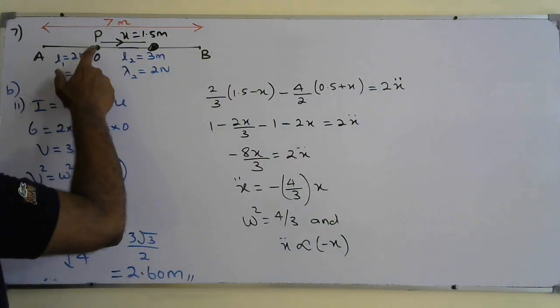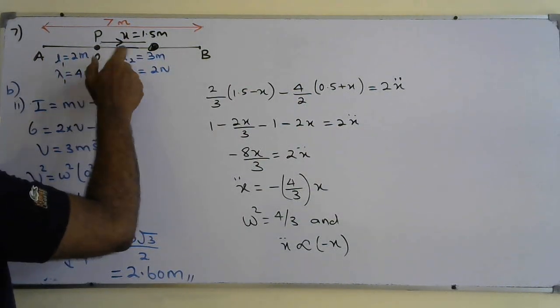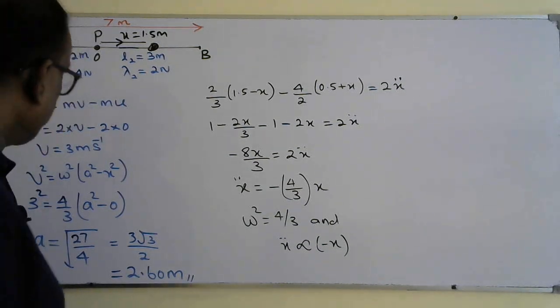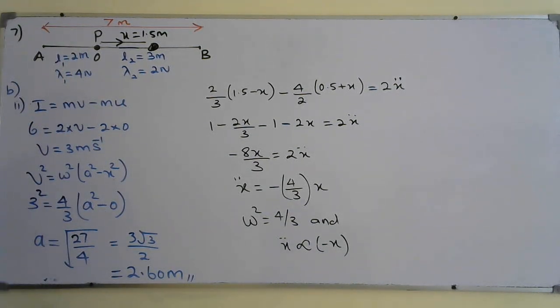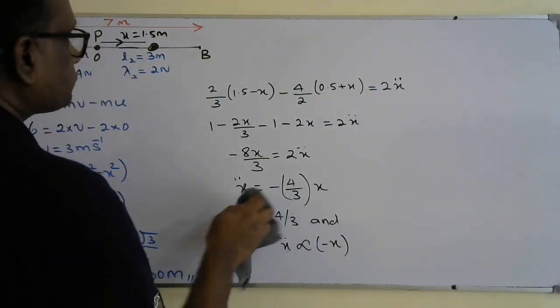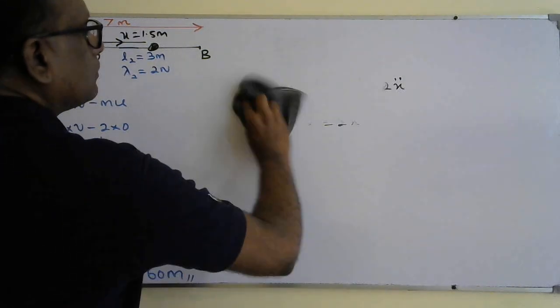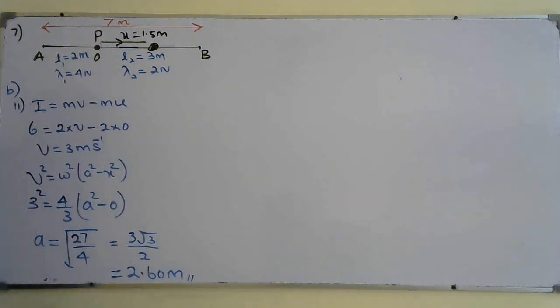So the displacement from the equilibrium position is 1.5 meters. The question is to find the speed of the particle, so we can use the same equation again. So that is the C part.